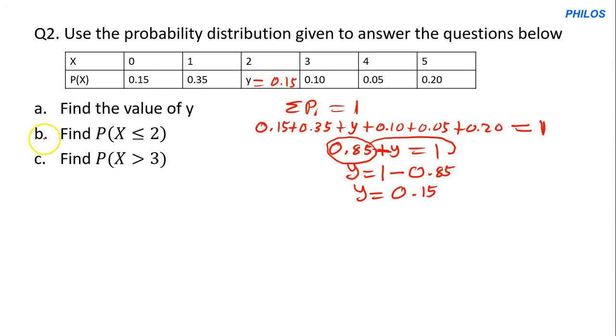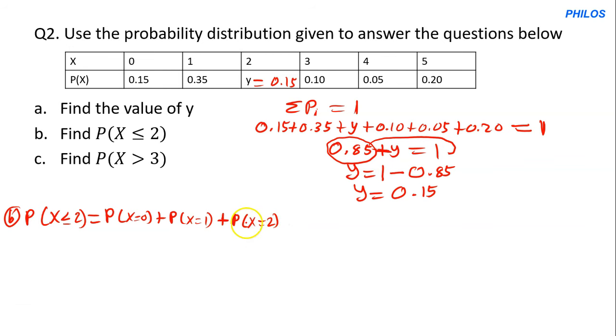So let's solve question B. Question B says, find the probability that x is less than or equal to 2. The probability that x is less than or equal to 2 means that x is exactly 0 or x is exactly 1 or, meaning plus, the probability that x will be exactly 2.